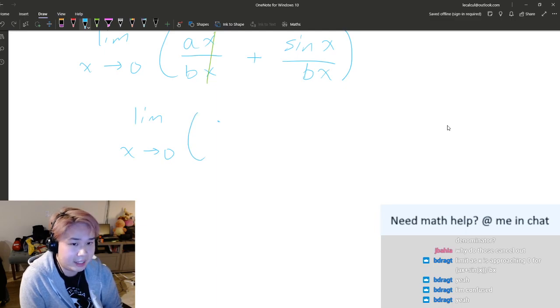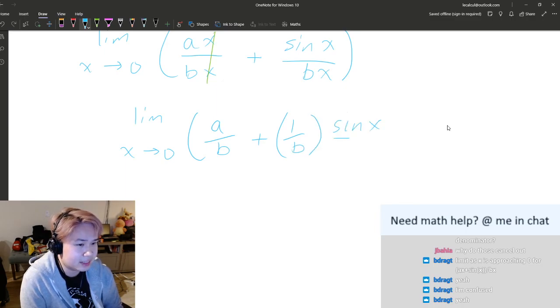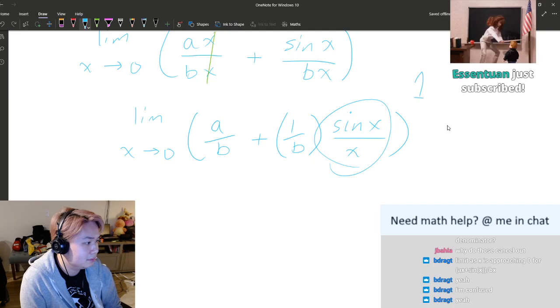So currently what we have is a over b plus 1 over b sine of x over x. And then we know that this thing is 1.